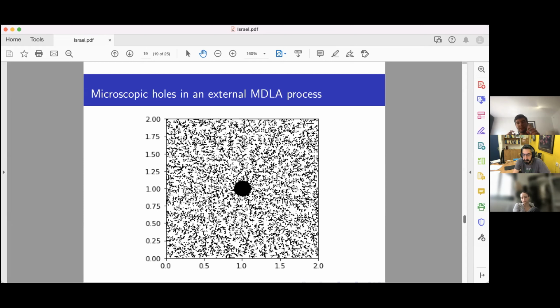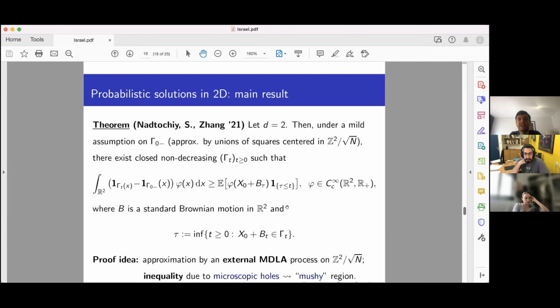But in the pre-limit you haven't really filled out the square, and so this discrepancy between filling a domain in terms of the distance to the cluster and filling the domain in terms of the area filled leads to this inequality and shows you that limit points of these growth processes in general can only give you sub-solutions.